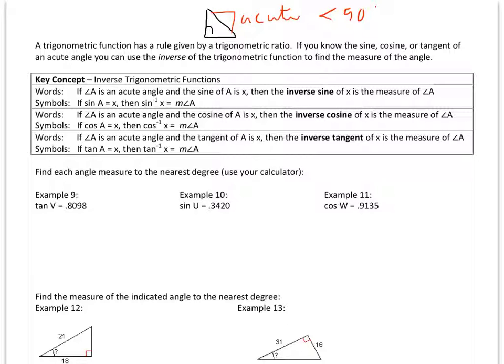So how do you find an angle? Before, we were taking the sine, cosine, or tangent of an angle and getting a decimal. Now we're going to go the other way. So that's called the opposite operation. In other words, the inverse sine, inverse cosine, and inverse tangent. And on your calculators, the notation for that is basically a little power of -1.